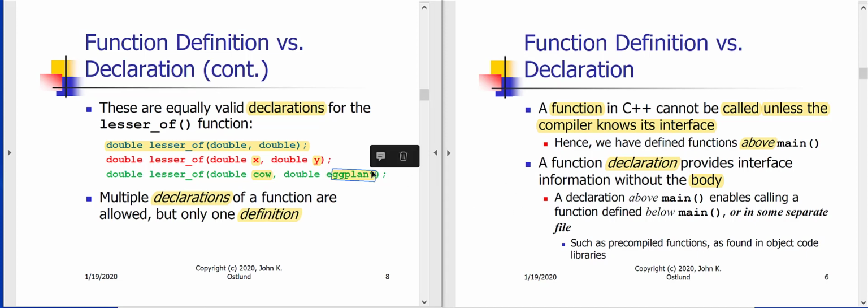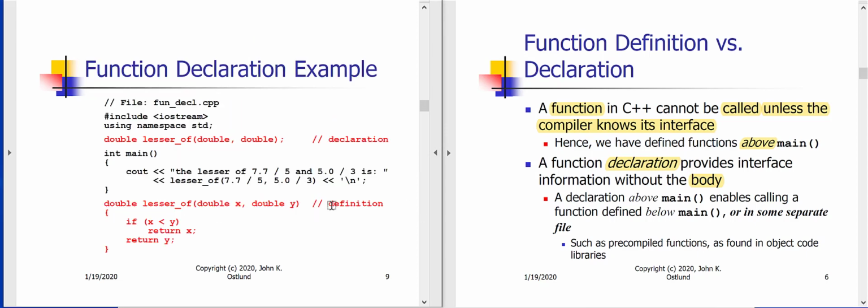Okay, so let's take a look at how we can use this declaration in our program. Here we have a revised program. This main function is not calling say hi or say stir. It's only calling lesser of. Let me highlight just lesser of. So here is lesser of being called.